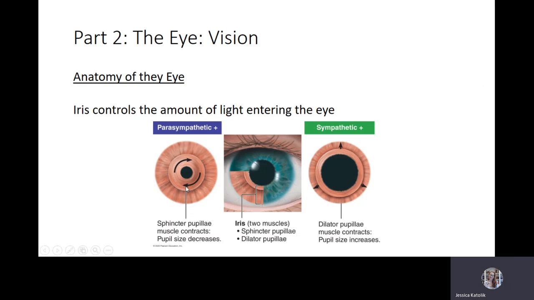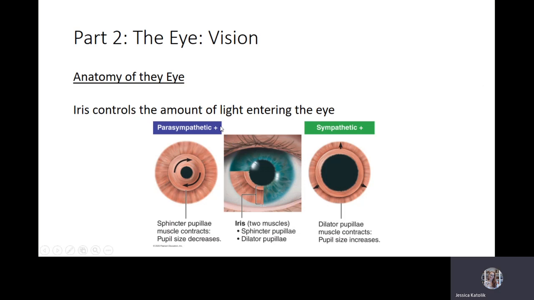Over here we have the sphincter muscle located here. It's going to be a circular muscle, and when it contracts, it's going to decrease the size of the pupil. And over here, this kind of radiating muscle out is going to be the dilator. When that contracts, it's going to increase the size of the pupil.